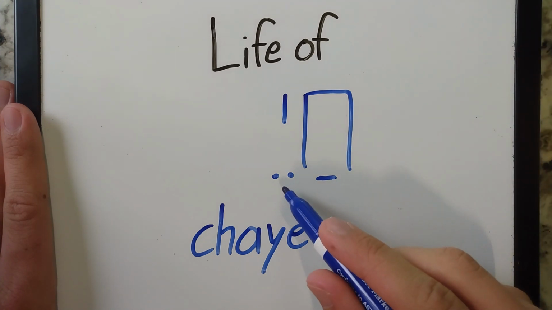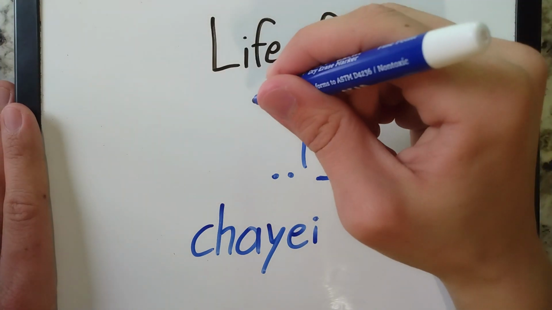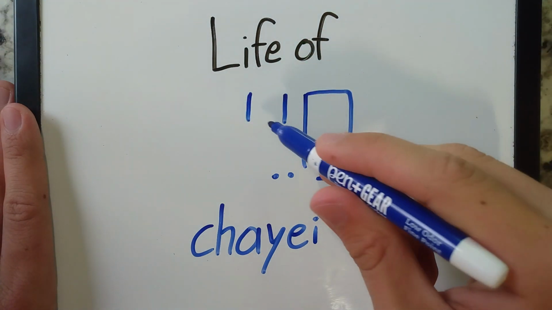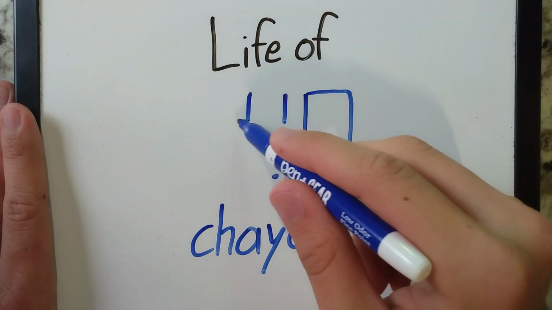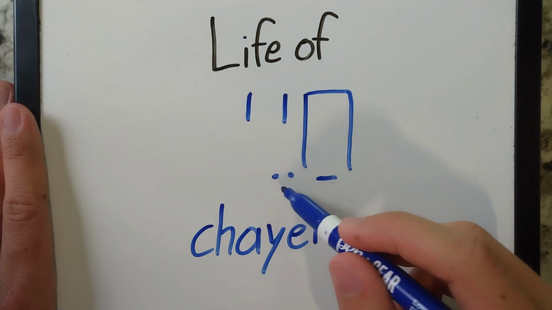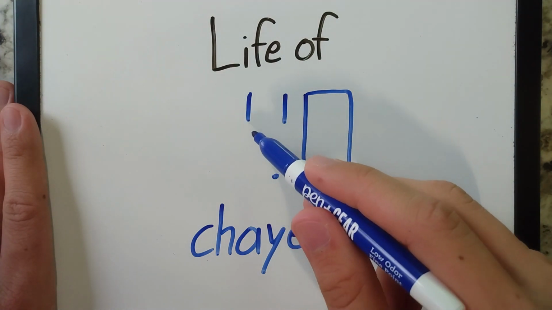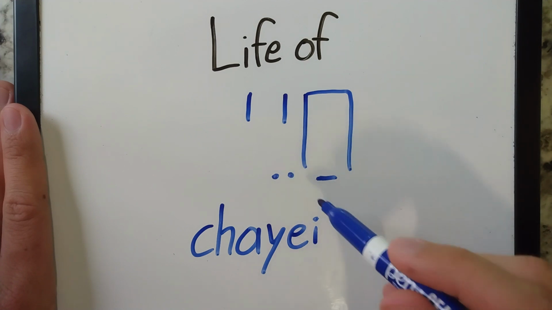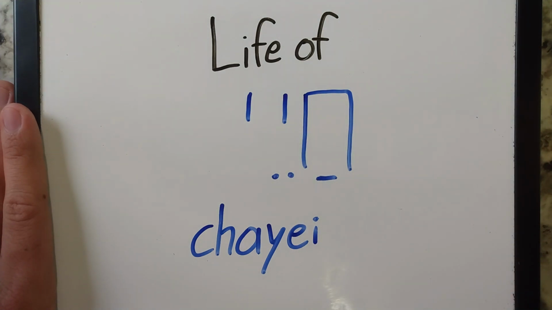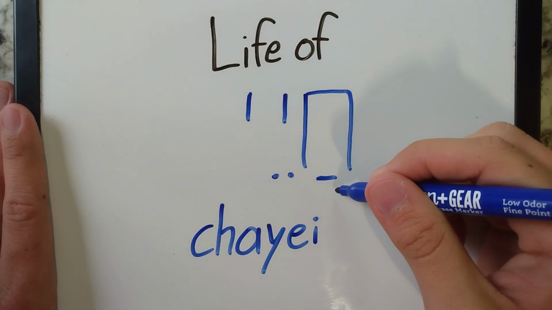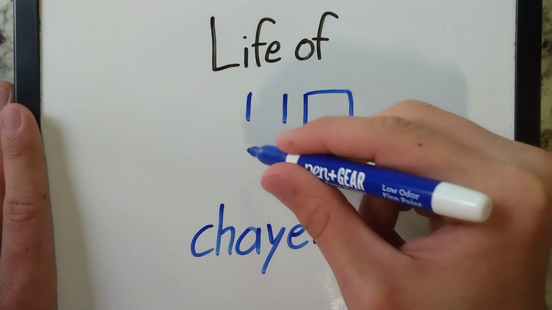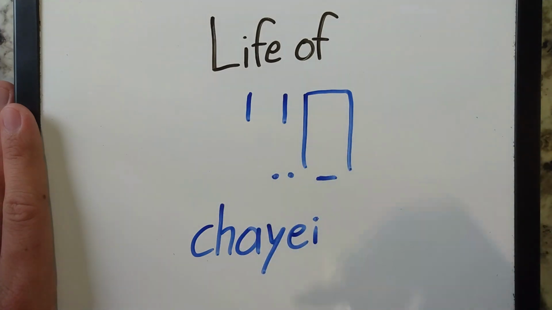This A sound is the last sound in this word, and so we will need to add another Yud with no vowel marker on it to represent this A sound. So this Yud makes no y consonant sound and is here to represent the tsere's A sound. Sounding the entire word out, ha, y, a, chaye, which means life of.